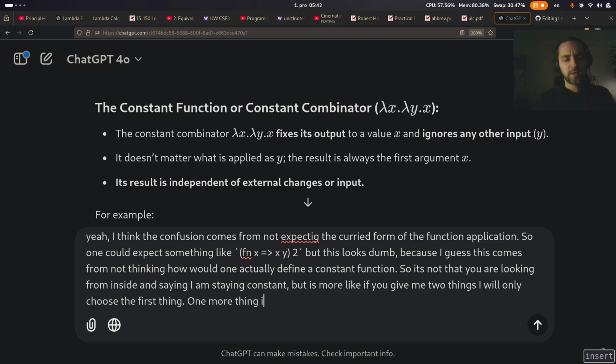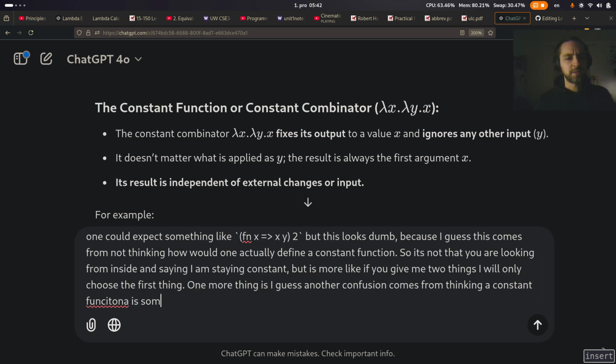One more thing, I guess another confusion comes from thinking a constant function is something that will remain the same within the program duration.